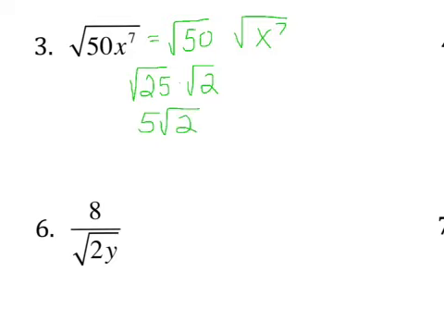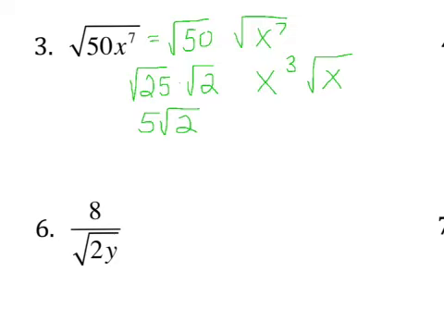The next thing we want to do is simplify the square root of x to the 7th. So what we're going to do is divide 7 by 2, and that gives us 3. So we're going to have an x to the 3rd on the outside, and since there's a remainder when we divide 7 by 2, there's an x on the inside of the radical still.